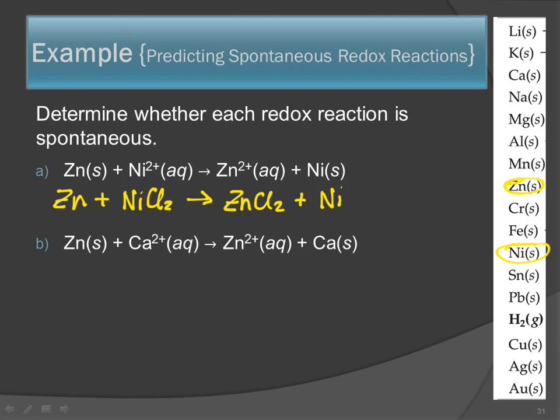It was in decreasing order of desirability. So zinc is more reactive than nickel. Zinc is more macho than nickel. So when zinc shows up at this party, chlorine drops nickel and takes off with him, and poor nickel is left going home by himself. So that's the non-scientific way of doing this.